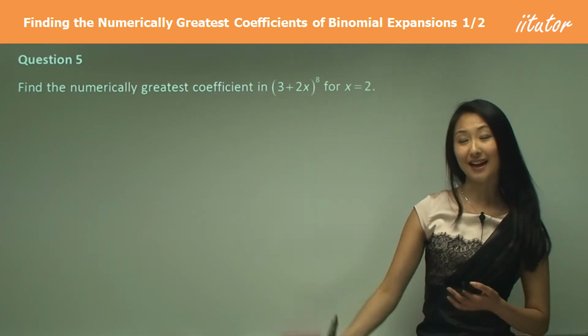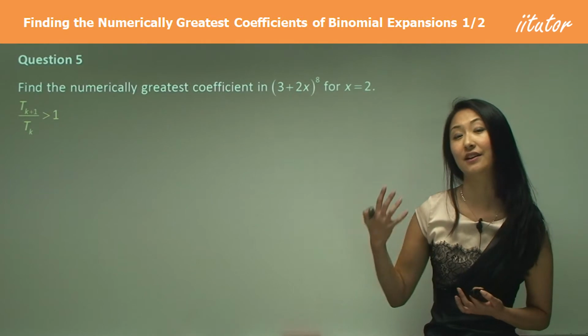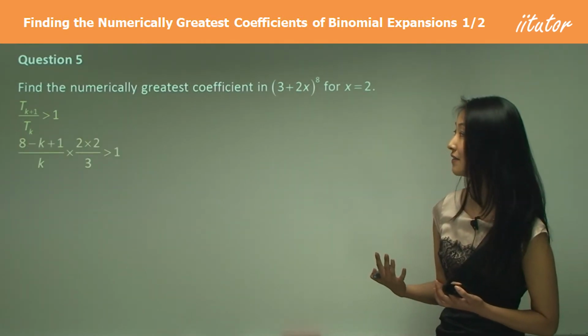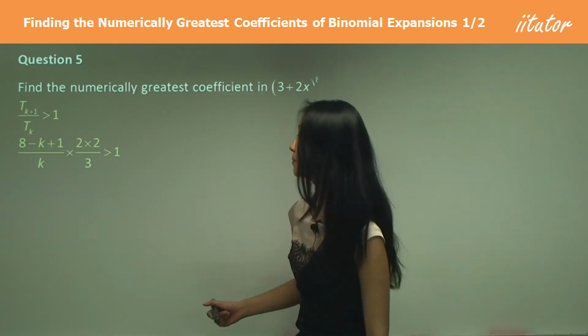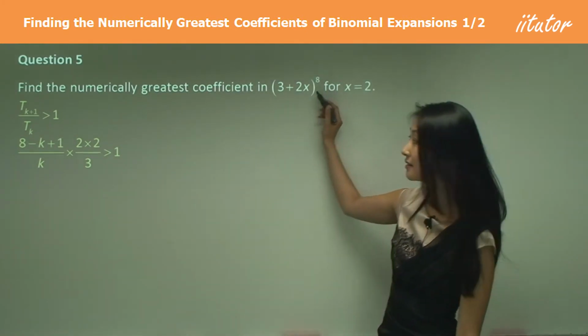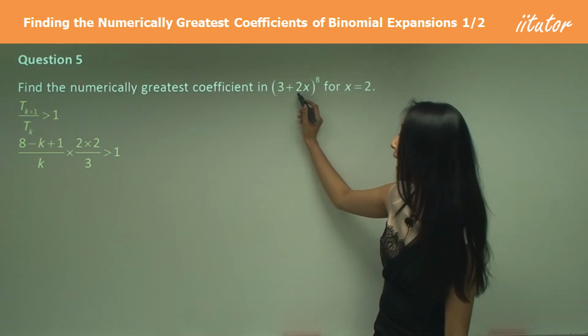So we're going through exactly the same process. We want to find out when the ratio is greater than 1. Now remember, the ratio is given to us by n minus k plus 1 on k, multiplied by b on a. Now n in this case is 8, b will be 2, and a will be 3.